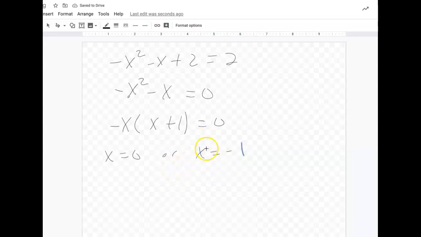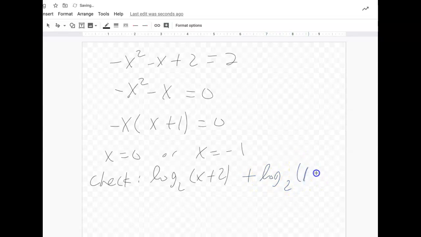What we want to do is check to make sure that these are both solutions. And one thing I don't want you to get in the habit of doing is, if your answer is negative, then you automatically throw it out. Always go back and just check those arguments. So our equation was log base 2 of x plus 2 plus log base 2 of 1 minus x, and is that going to equal 1 when x is 0?